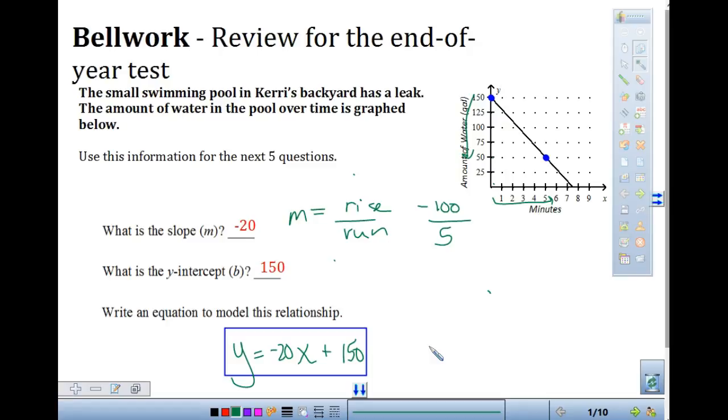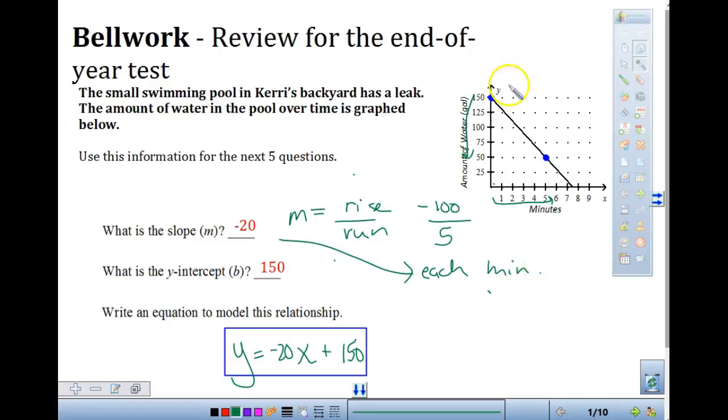If I'm looking at the slope, what is that slope telling me, Adam, the negative 20? That each what? Each minute you're losing what? Each minute, what's happening to our pool?